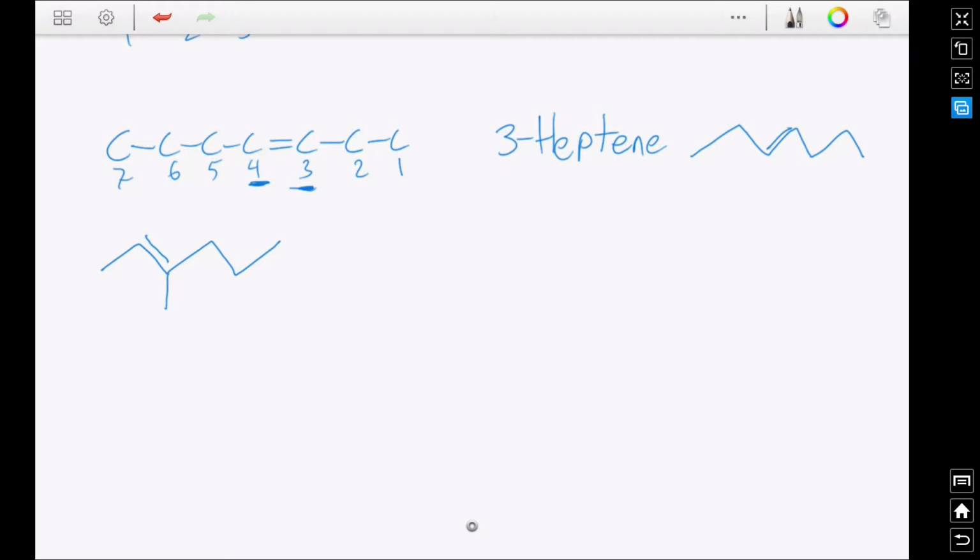Okay. So here, I've already counted 1, 2, 3, 4, 5, 6. So this tells me that this is going to be a hexene, because I have a double bond.